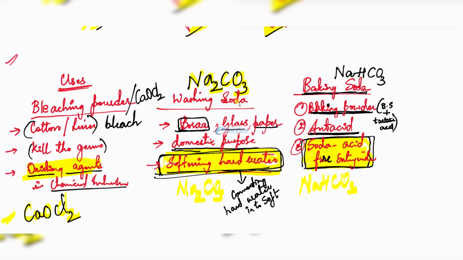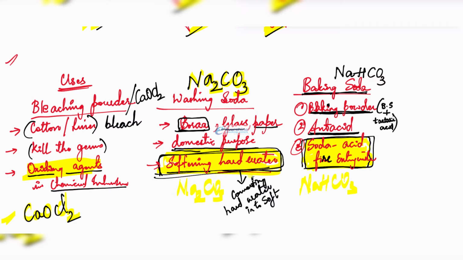Next, washing soda. It is used in the manufacturing of borax, glass, paper, and also for domestic purposes. Next, it is also used for softening hard water. What does softening mean? It is converting hard water into soft water. We use washing soda for this.